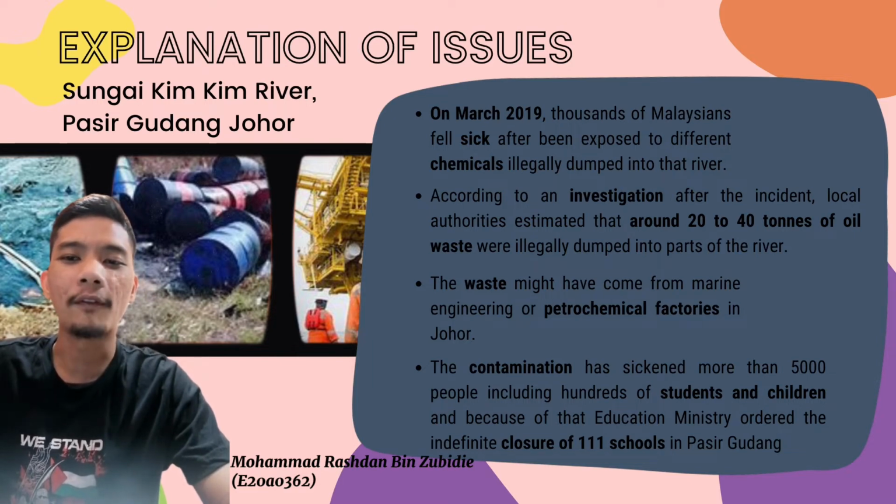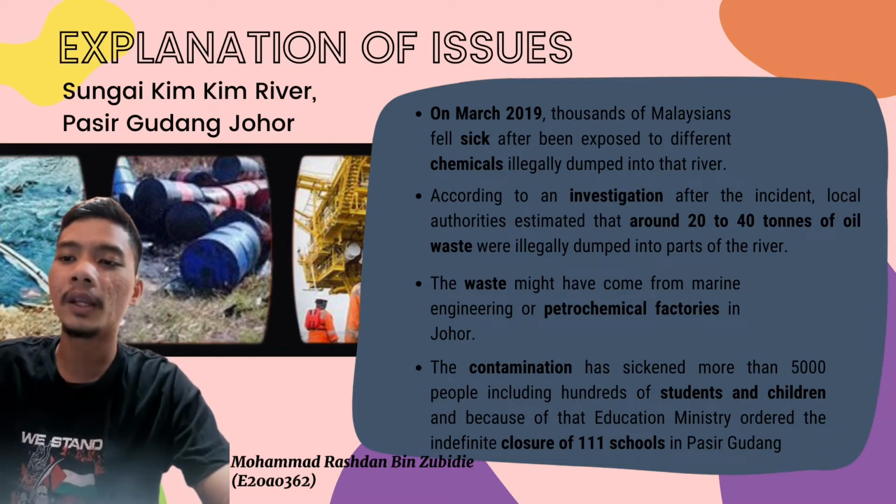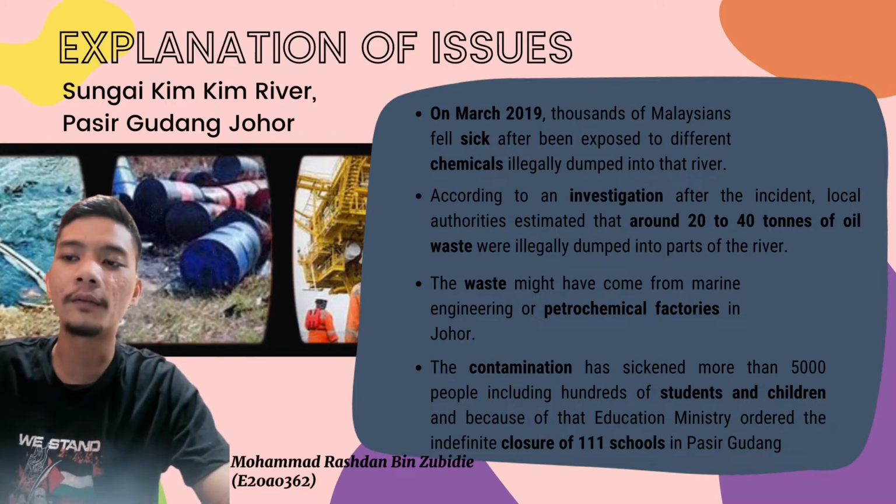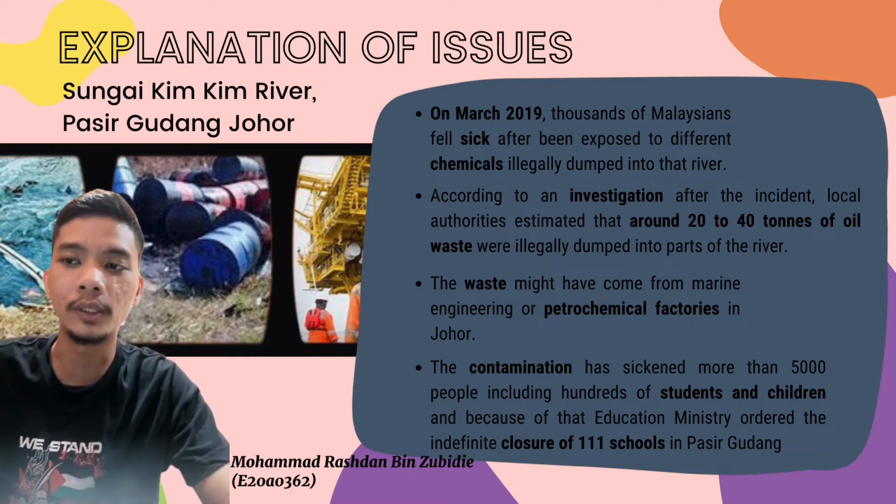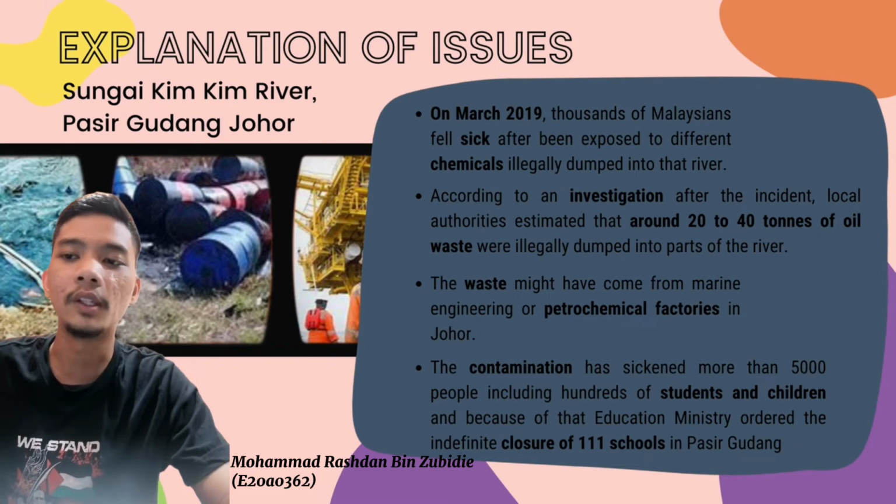The waste might have come from marine engineering of petrochemical factories in Johor. The contamination sickened more than 5,000 people, including hundreds of students and children, and because of that, the Education Ministry ordered the indefinite closure of 111 schools in Pasir Gudang.